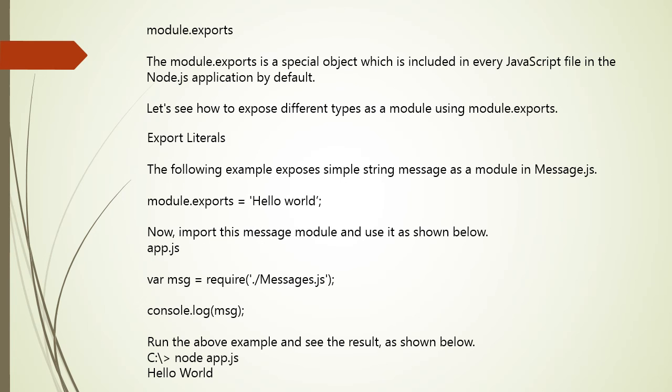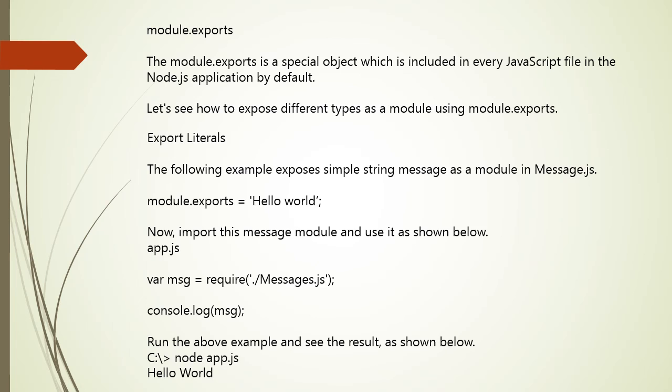Consider now what is module.exports. So, export module in Node.js. We will learn how to expose different types as a module using module.exports. The module.exports is a special object which is included in every JavaScript file in the Node.js application by default.